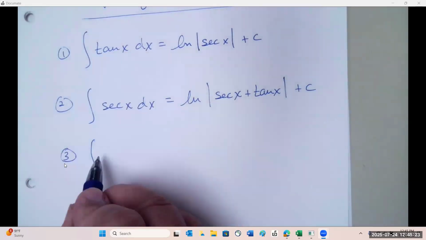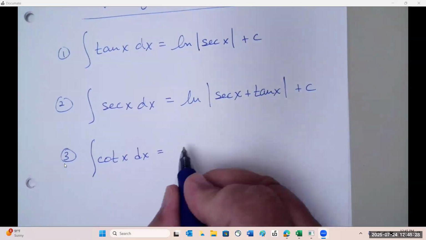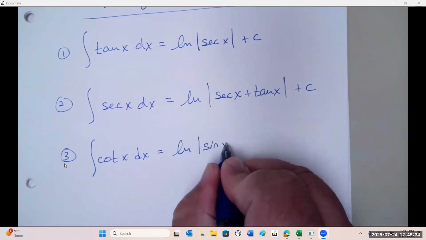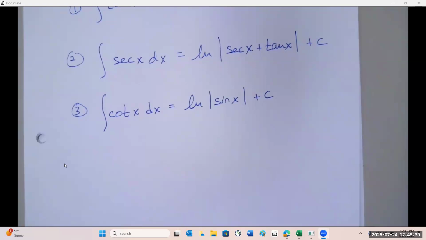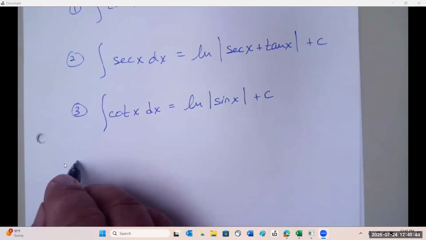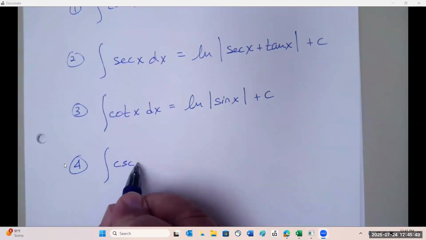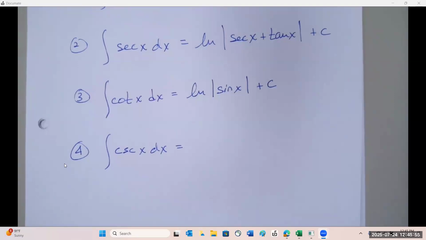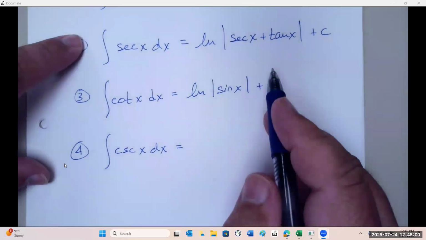So tangent is done, now we look at cotangent. The integral of cotangent is ln absolute value of sine x. The integral of cosecant x dx is just the opposite of the secant.